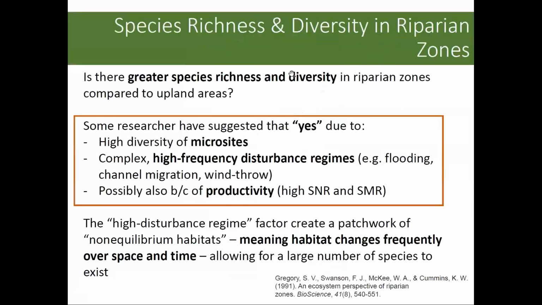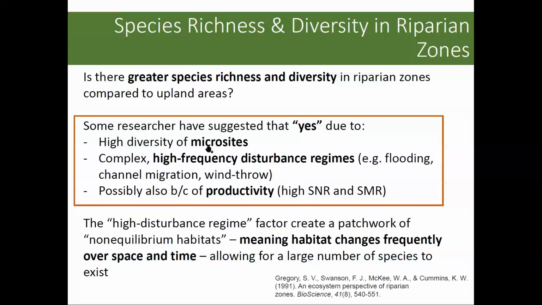From a species richness and diversity perspective, I talked about this during the Kahoot, but there's this question as to whether or not riparian zones are areas that have the greatest amount of species richness or the greatest amount of species diversity. Is this actually true? There have been some studies that have demonstrated that yes, in fact, this is true. Some of the reasons have to do with the high frequency of disturbances, such as flooding, channel migration, and wind throw.